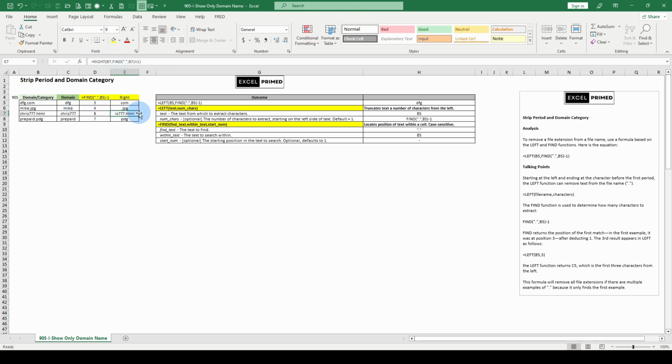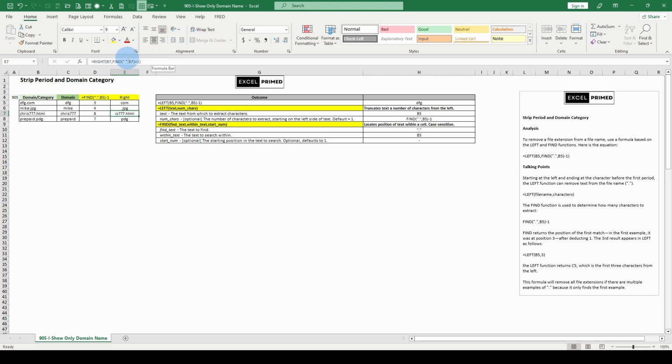How many characters? 1, 2, 3, 4, 5, 6, 7, 8. Minus 1 is 7. I don't want to count these, but you get the point. We have 1, 2, 3, 4, 5, 6, 7.